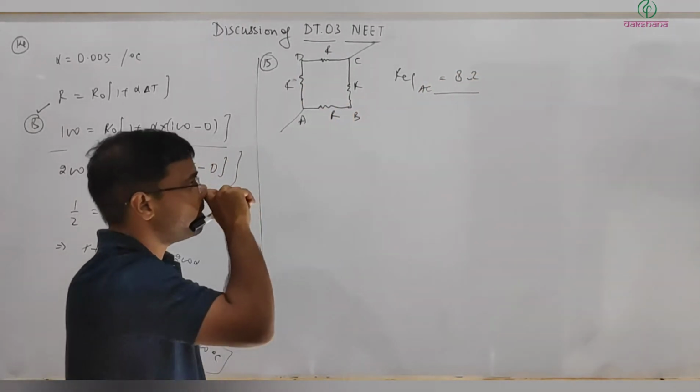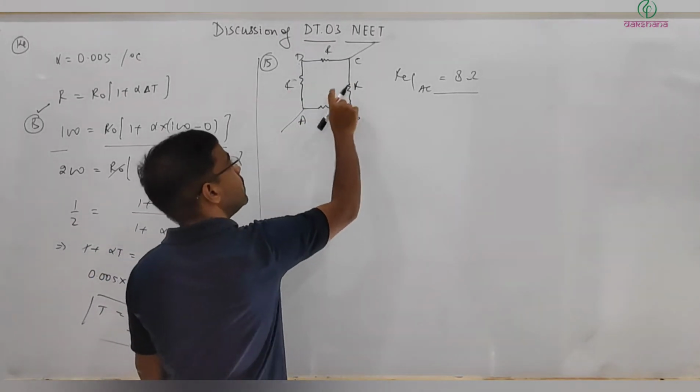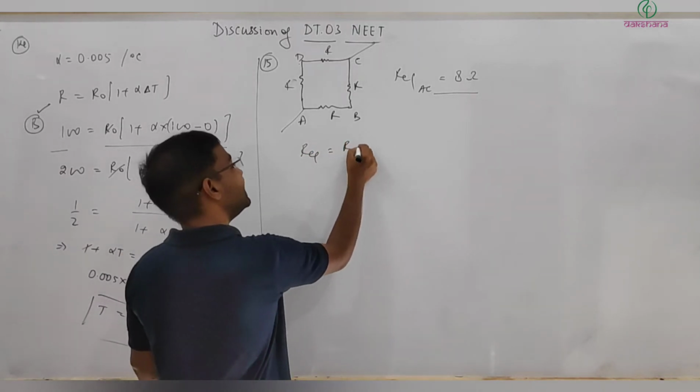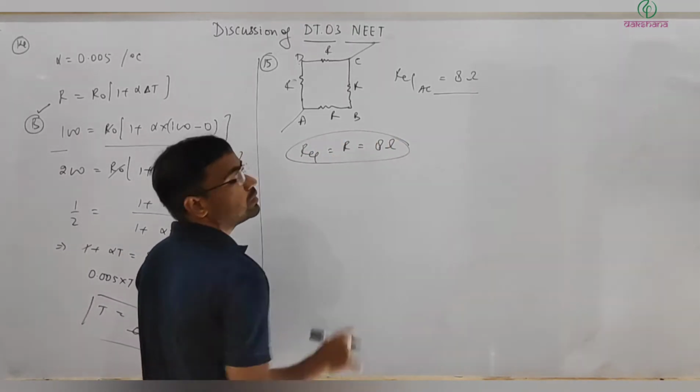In terms of R, this will be 2R and 2R in parallel, so R equivalent will be equal to R, and that means it's 8 ohm, right?